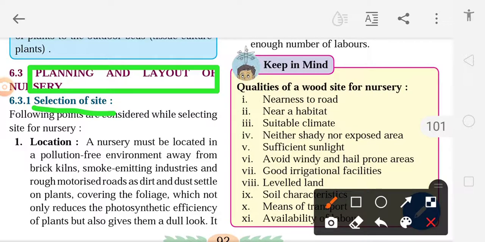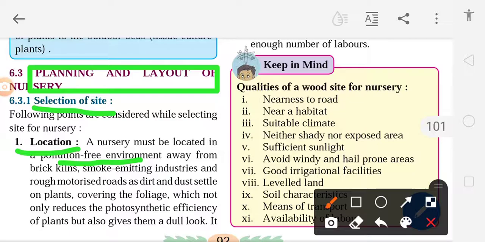of site. In the topic of farm management, we have studied this matter also. It is near about the same selection of site. So means we are going to start a business of nursery management. Then we have to purchase the land, and for the purchase of land we have to consider some points. First of all, that is the location. Location should be such that it is a pollution free environment.